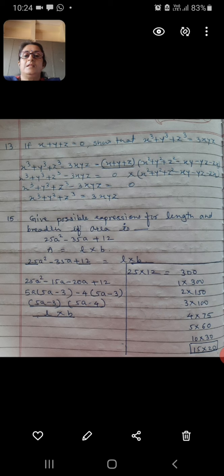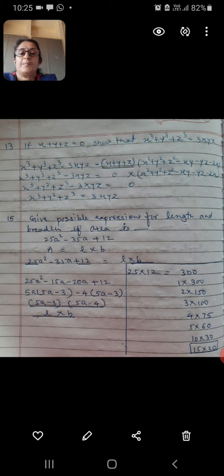Next is the 13th one. If x plus y plus z is equal to 0, you have to show that x cube plus y cube plus z cube is equal to 3xyz. So we know that x cube plus y cube plus z cube minus 3xyz is equal to (x plus y plus z) times (x square plus y square plus z square minus xy minus yz minus zx). Here x plus y plus z is given, that is 0.